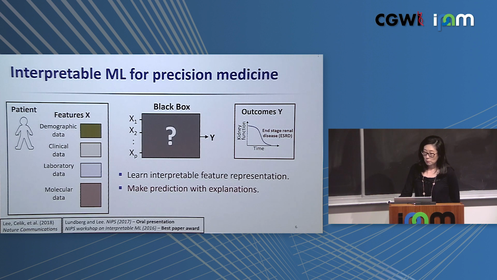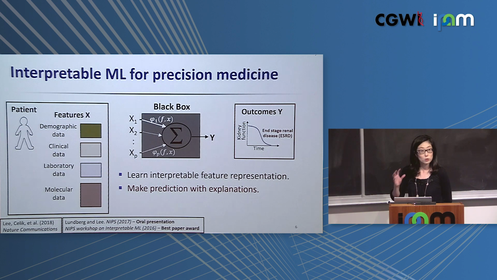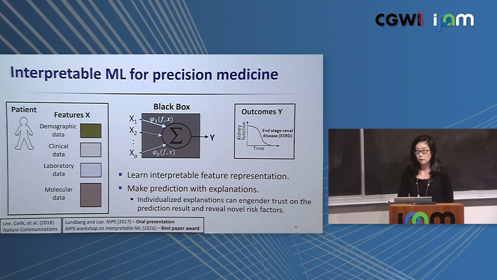Second, making interpretable predictions from a complex or black box model by estimating the importance of each feature on a particular prediction for a particular patient, so we can reveal individualized risk factors or individualized markers and their interactions. They can hopefully engender more trust in the prediction model and help us reveal novel risk factors.